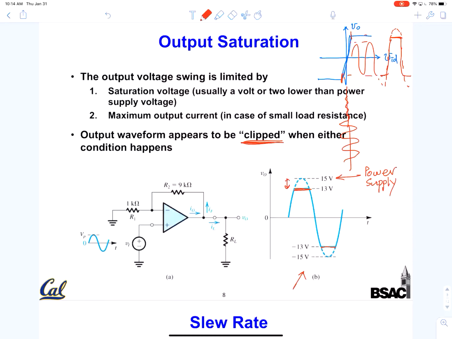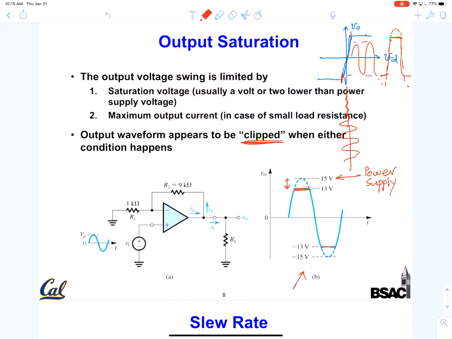Yes, question? Isn't this mostly an issue of not having enough power? You can say that. If I really want to go to 20 volts, I can use a 30-volt power supply. That solves the problem, but at the expense of increased power consumption.